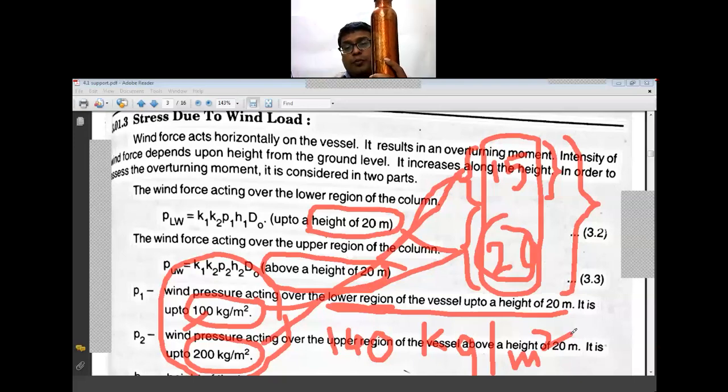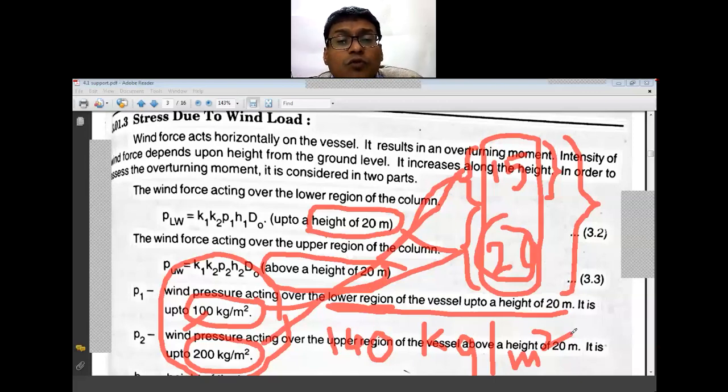But in some numericals, for simplicity of calculation, they can assume a total height of, say, 35 meters or 45 meters or 50 meters, and take an average value of 140, or 160, or 170 kgs per meter square. Again, that depends on the location and the wind load. If the winds are more frequent and of high velocity, around the seashore, then this becomes more critical.